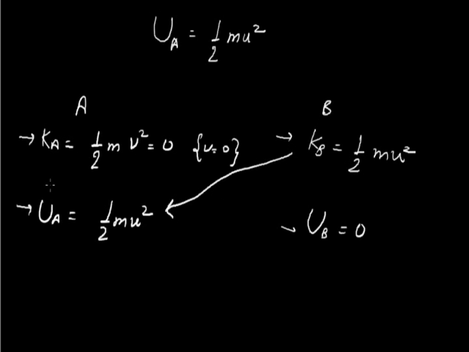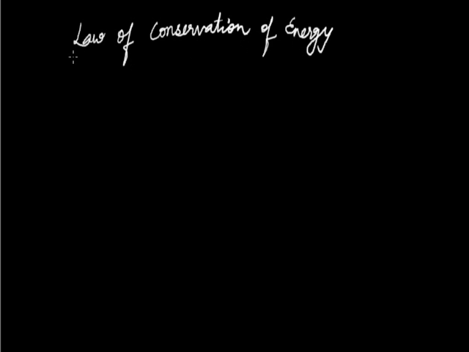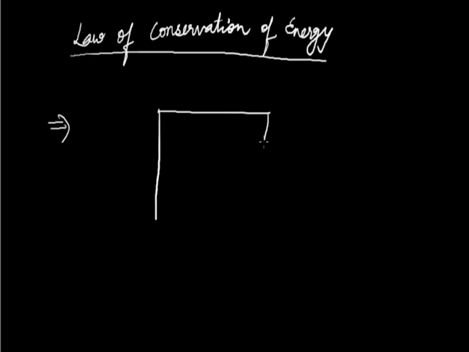Now the next topic we are going to see is the law of conservation of energy. The law of conservation of energy says that if a system is isolated, that is, it cannot exchange mass or energy with any other surroundings or any other system, then for an isolated system like this, the total energy remains constant.